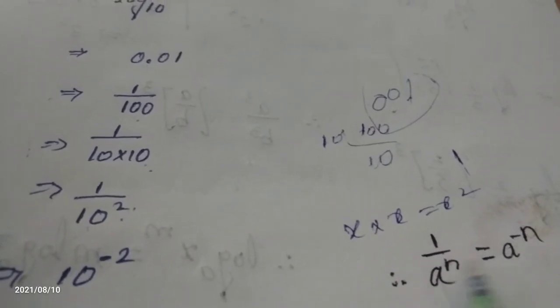100 can be written as 10 into 10, with the help of LCM, 10 tens are 100. And 10 into 10 can be written as 10 square, just as x into x is x square. For this step we use the exponent formula: 1 by a to the power of n can be written as a to the power of minus n.